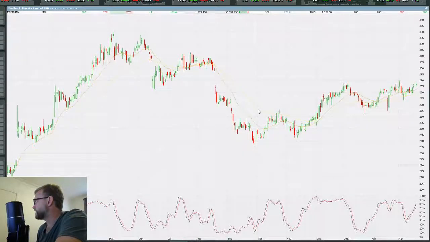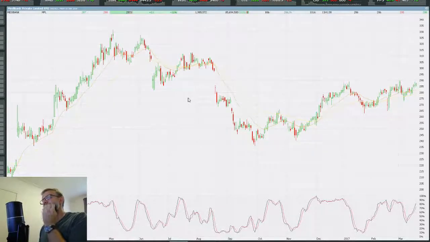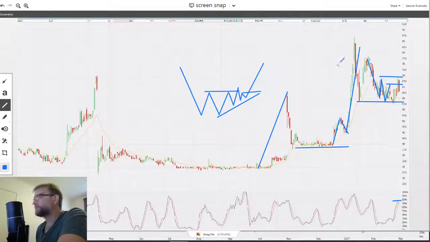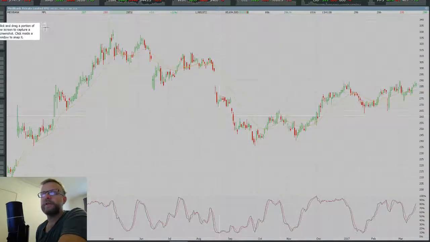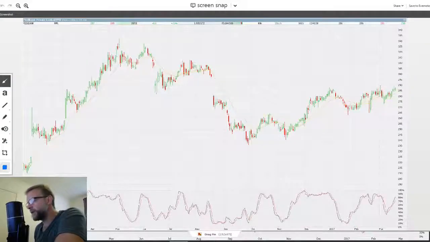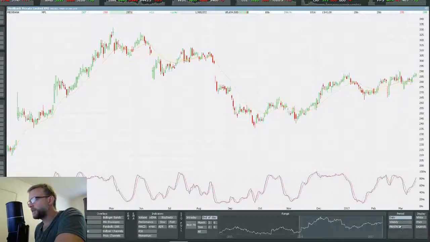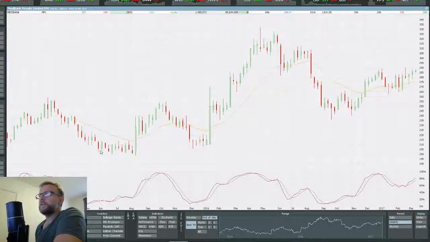We discussed MPL in November last year. All right, let's draw that up. I don't really need, I guess you don't really need to look at the weekly, but I think I will, just to get an idea of what's happening there.